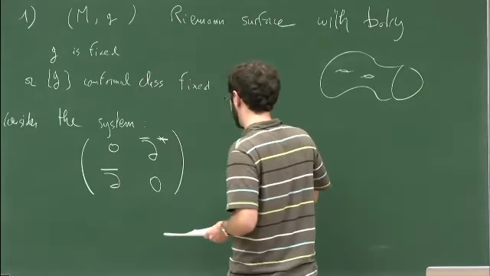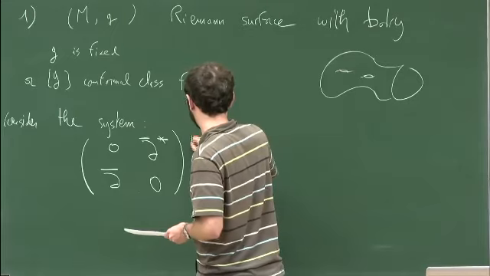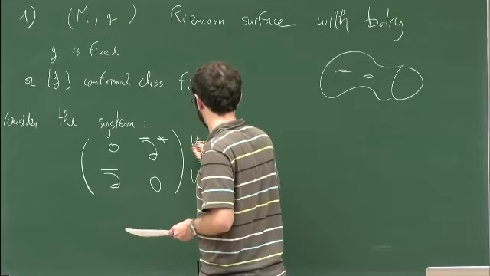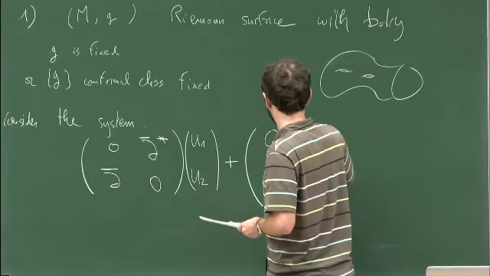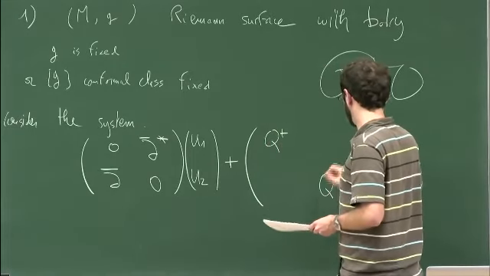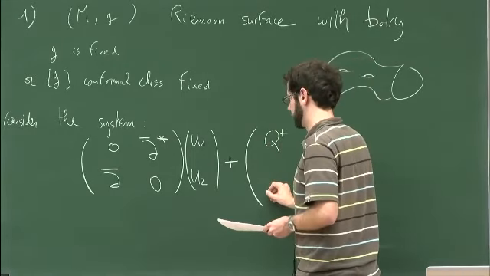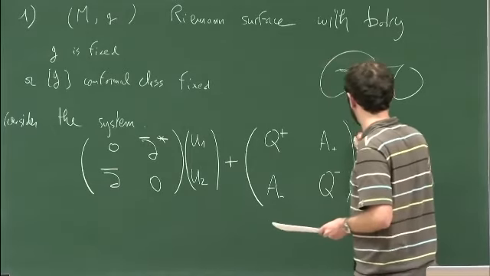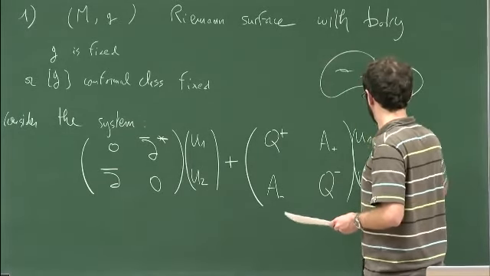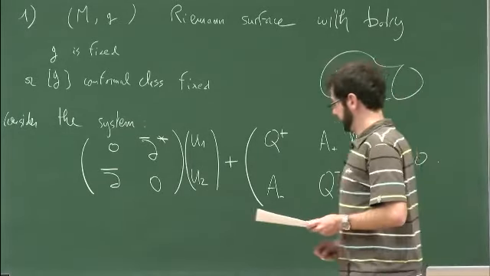So it's a system like this, with a zero order term, which I will denote A minus and A plus, U1 and U2 equals 0.